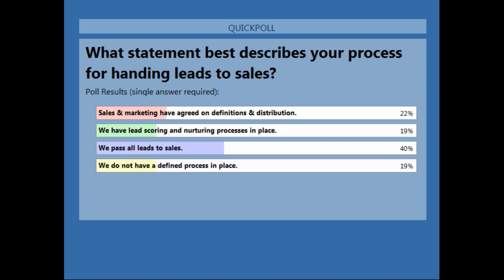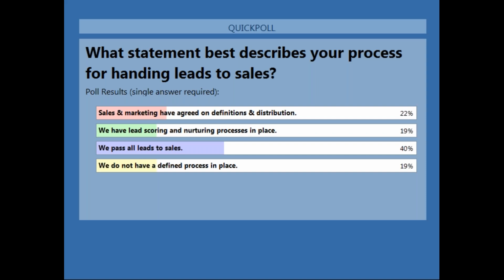And I think we see definite challenges around some of the other areas, like definitions. So I'm really pleased to see that the number 2 answer is that sales and marketing have agreed upon definitions and distribution, because that's super important. When you go into it with a plan and you agree about how you're going to rate somebody or what the definition of a lead is, it makes a difference in what happens to them afterwards and what types of information get shared with them.